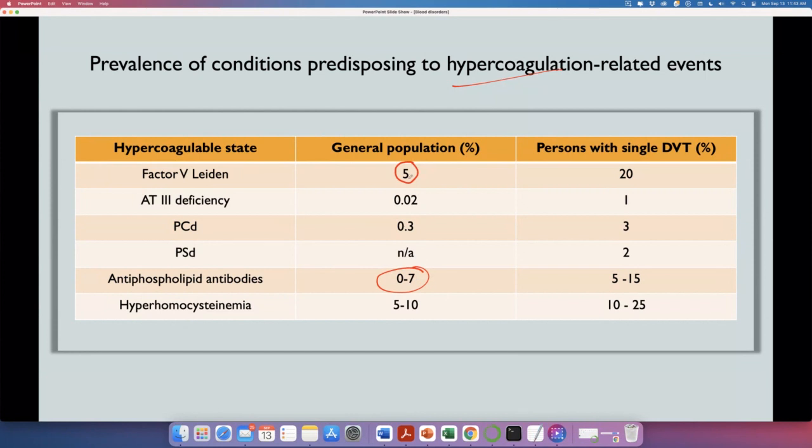Okay, factor 5 Leiden is the most common cause in Caucasians, at least. Because remember, lupus can be common also in black people, etc. But in the Caucasian population, factor 5 Leiden is the most common. Okay, what is the percentage of people with factor 5 Leiden that have DVTs? 20% is the most common cause of DVTs.